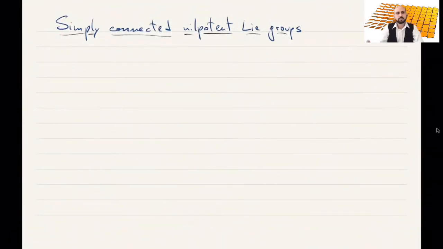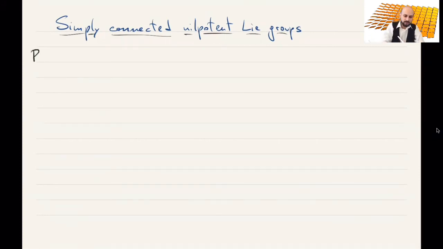At some point, we need to focus on Lie groups that admit dilations, and therefore topologically they are contractible. In particular, they are simply connected. So let's therefore focus now on simply connected nilpotent Lie groups, on which we have many properties.